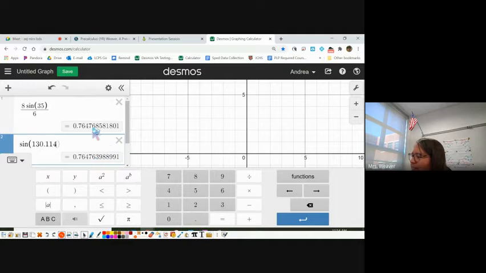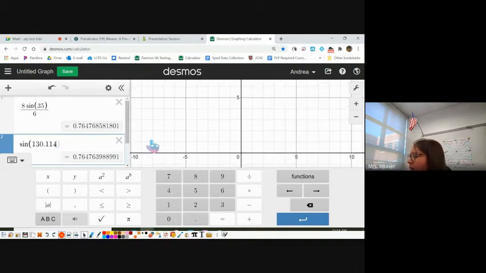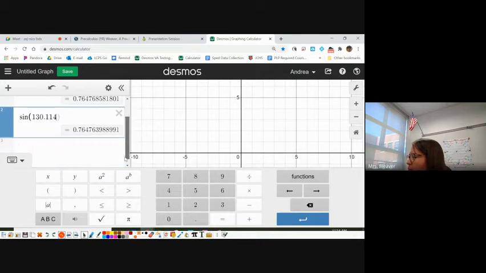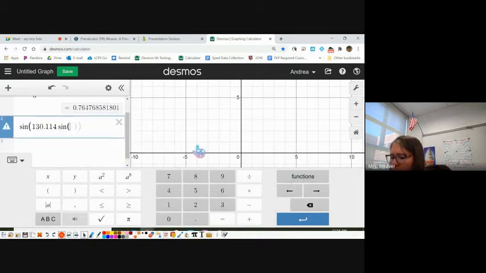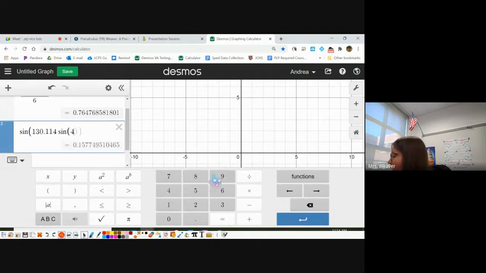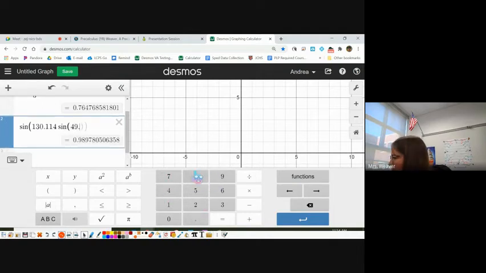It has the same sine value, because angles with the same reference angle have the same trig values. The sine of 130.114 is the same as, and I'm going to type it in for you one more time so you can see it, the sine of our first answer, which was 49.886.